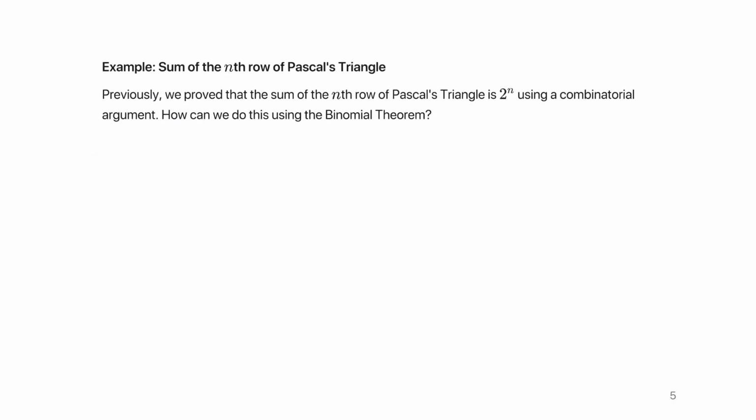Okay, we also used the binomial theorem to prove that the sum of the nth row of Pascal's triangle is 2 to the n. And we did that by looking at the binomial expansion of 1 plus 1 to the n. And we said that this is the sum, where k goes from 0 to n, of n choose k, 1 to the n minus k times 1 to the k.